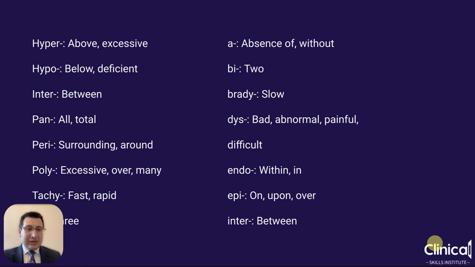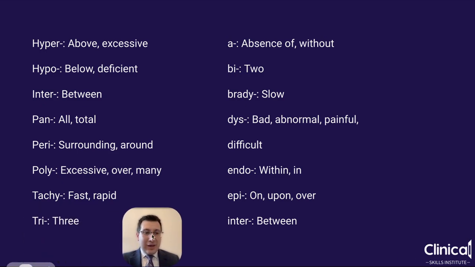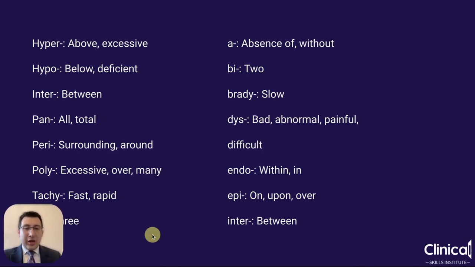We have a term called tri, which means three, and that's important because we use this tri and also bi, which means two, to name the valves of the heart. When we have a single a before a word, that usually means absence. We have brady, which is the opposite of tachy, which means slow.